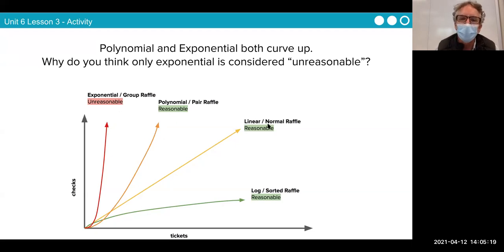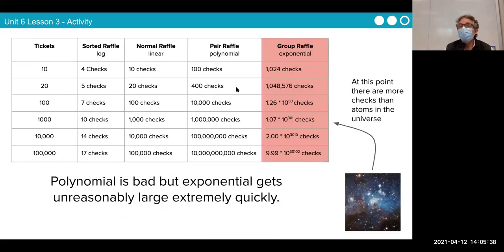Linear is a 1-to-1, which is 45 degrees. And the log or sorted raffle is even lower, around 25 or so. So it's this one that is going nearly straight up that is a problem, because the numbers get out of control.